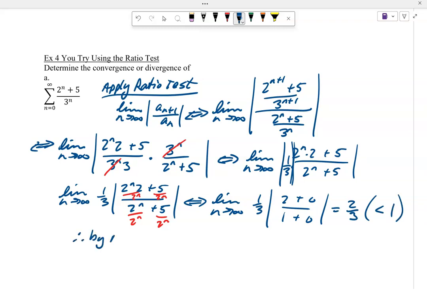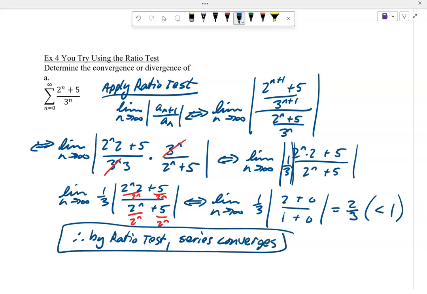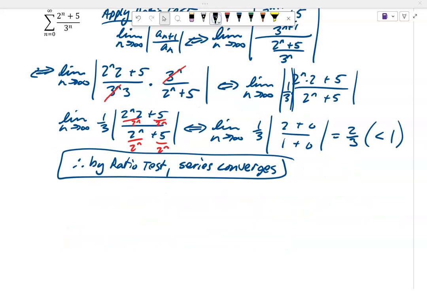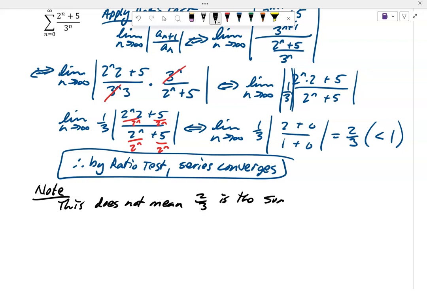Therefore, by the ratio test, the series does converge. And of course, yes, you could have used L'Hopital's, no problem. I just wanted to do it algebraically so you can see that. Let me add a little bit to this note. This does not mean 2/3 is the sum of the series, right?